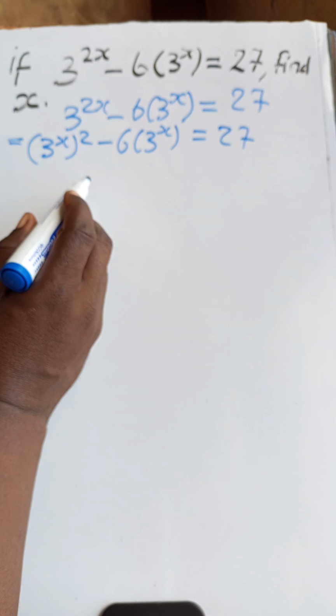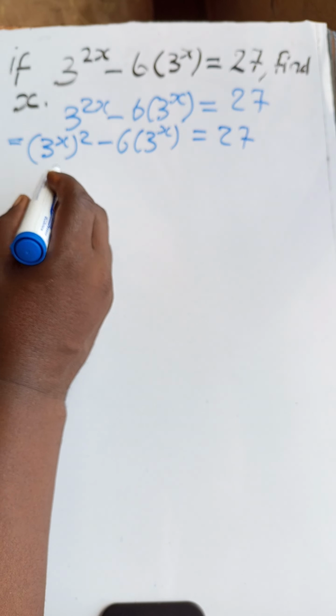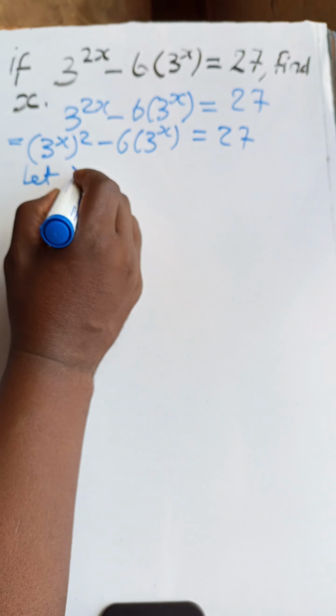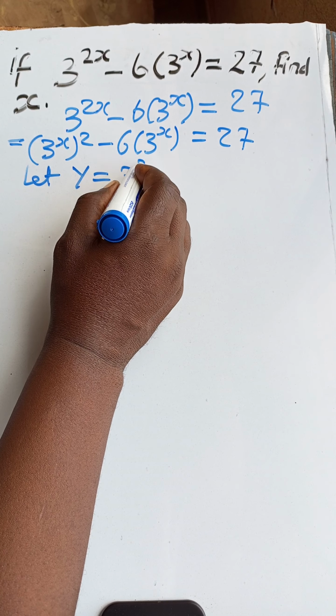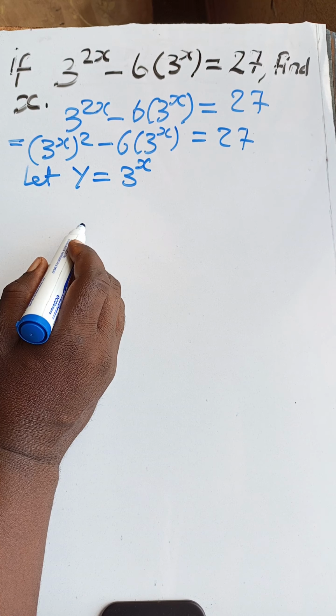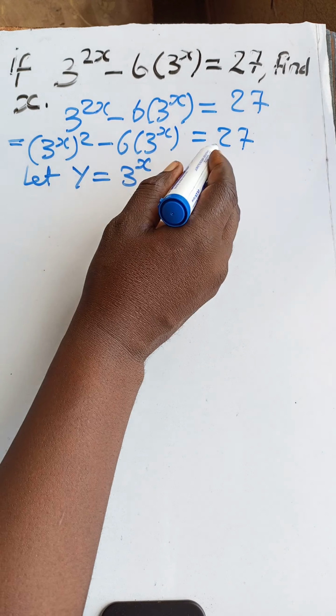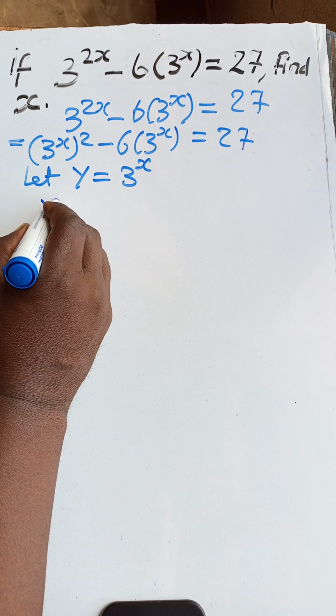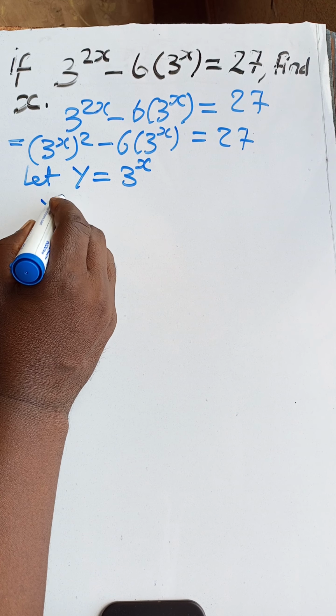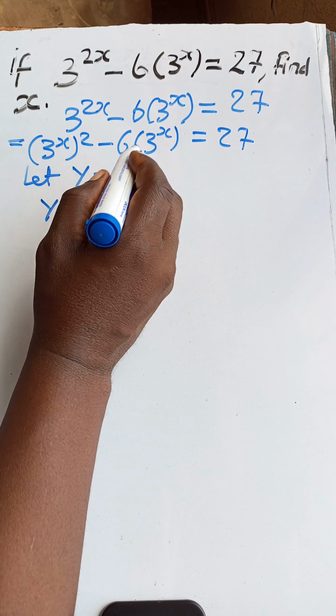To make it come out very clear, for us to see the quadratic nature, we should make the substitution y equals 3 to the x.